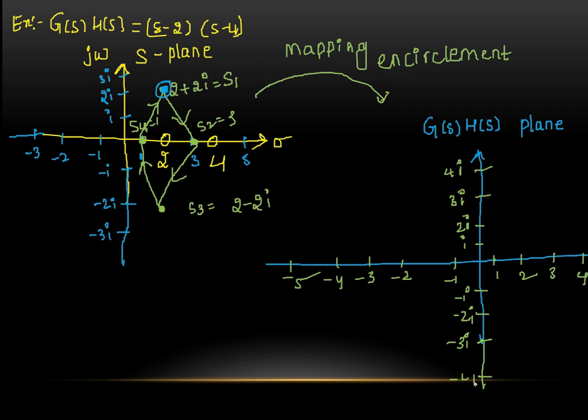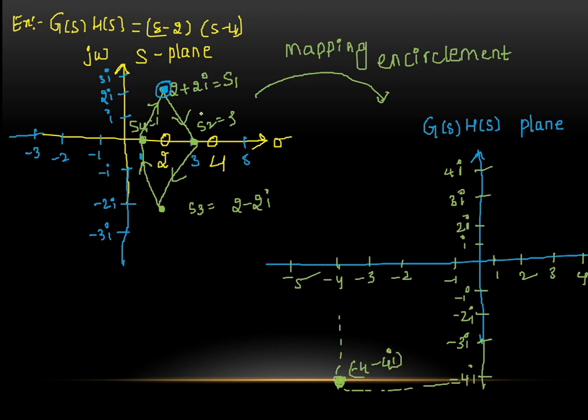So our first point is minus 4 comma minus 4i. So locate that point in the G of S into H of S plane. That is this point. This point indicates minus 4 comma minus 4i.